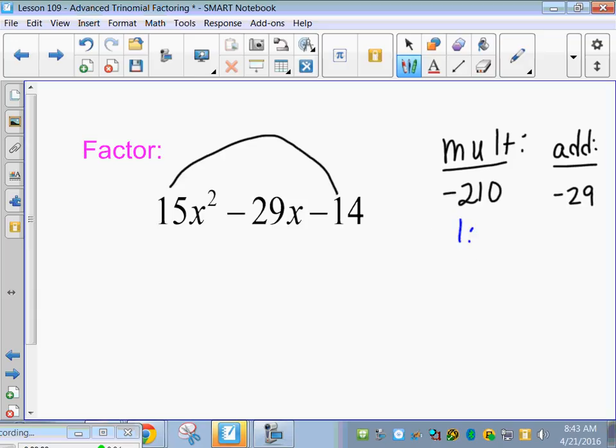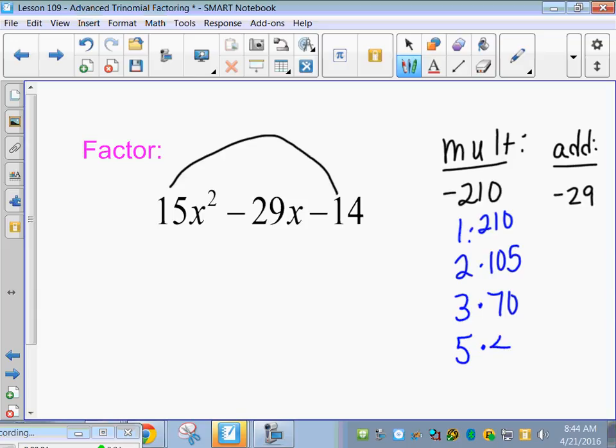1 times 210 probably doesn't get me 29. 2 times 105, probably doesn't get me 29. Okay, 3 times what? 70. Does that get me 29? No. Okay. Does 4 go into that? No. 5? Yeah. 5 times what? 42?